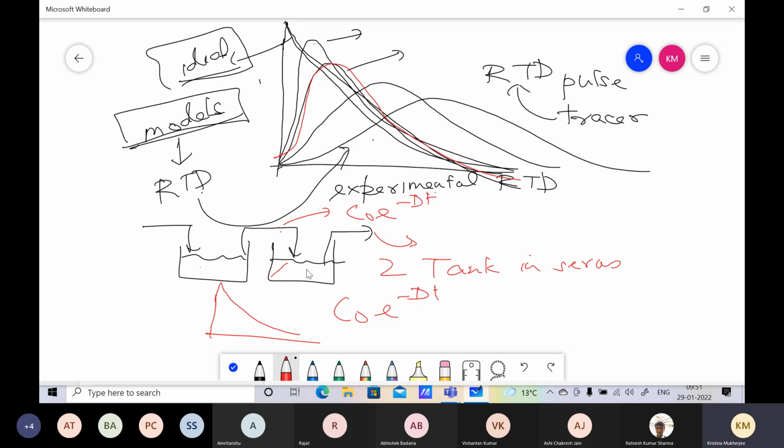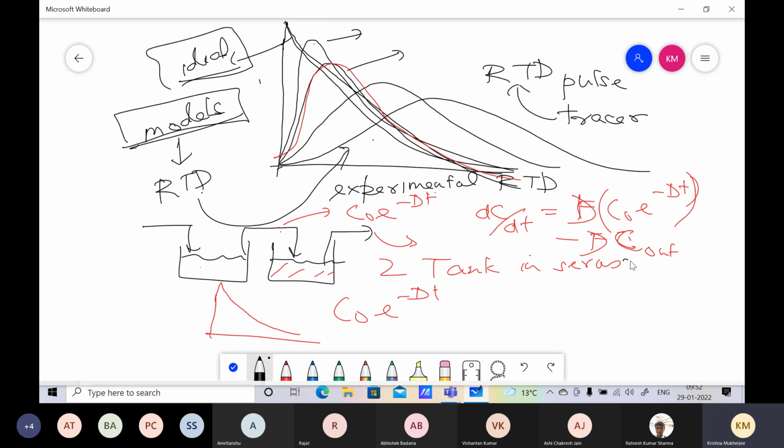There is no reaction here. It is accumulation. dC by dt is equal to input minus output, which is equal to F naught by V, C naught e raised to minus Dt, minus D into C. Sorry, actually D, because F by V is D. Minus D into C out, which is the C that we are trying to model.